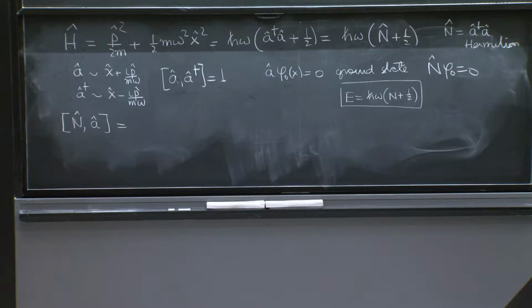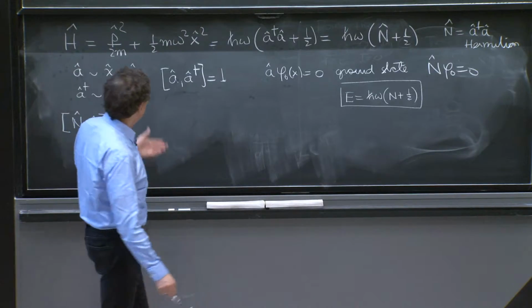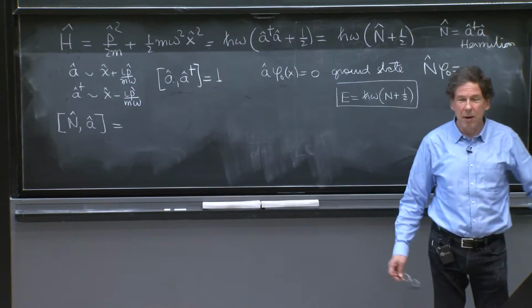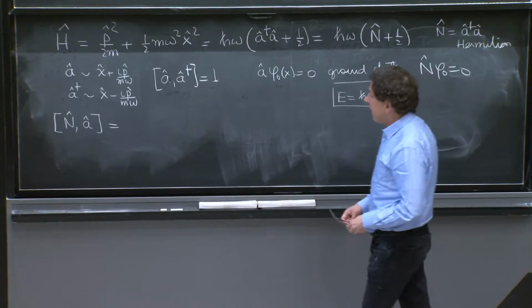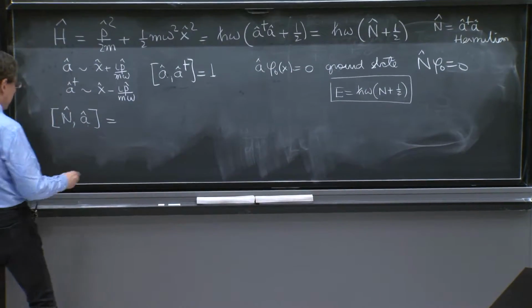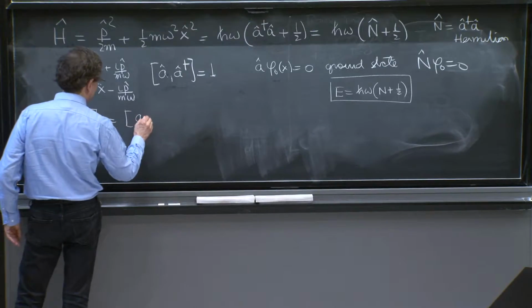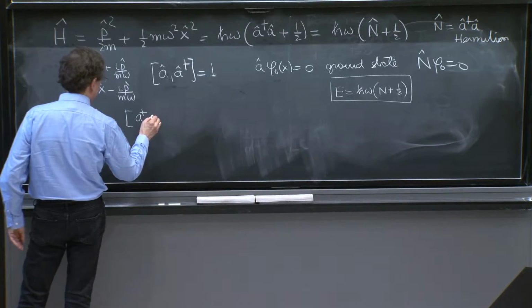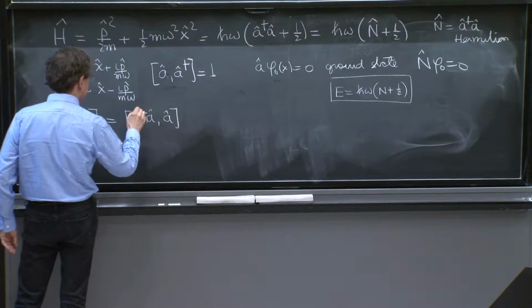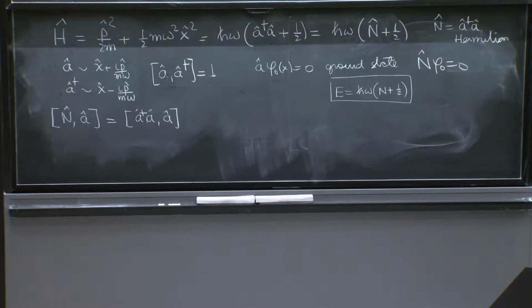You have A and A dagger, you ask, what is the commutator? If you have N, now you ask, what is the commutator with the other thing? So N with A would be the commutator of A dagger A with A, like that. And sometimes I will not write the hats to write things more quickly.